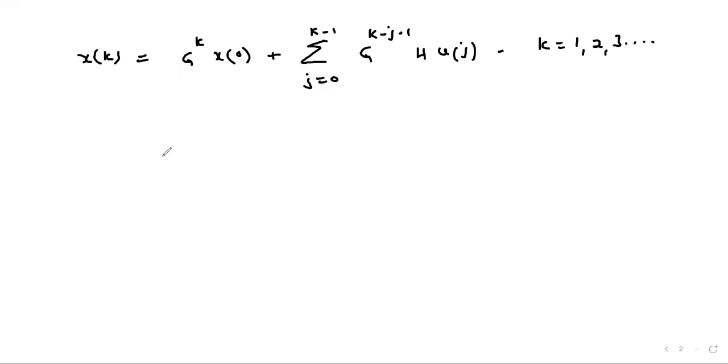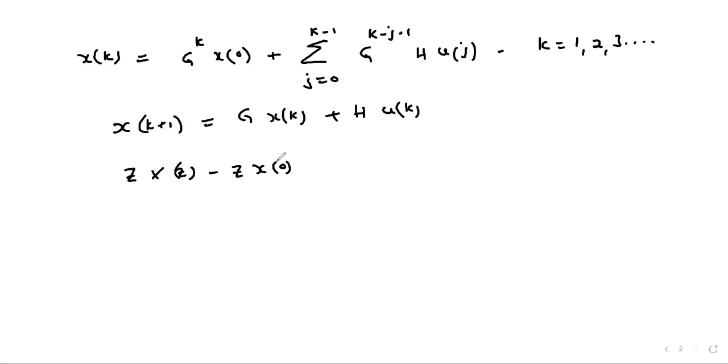Also, given the state equation x of k plus 1 equals G x of k plus H u of k, we can obtain the z transform of the state equation as z X of z minus z x of 0 equals G X of z plus H U of z.